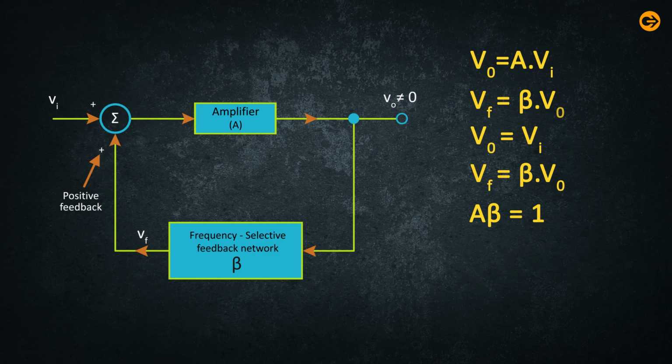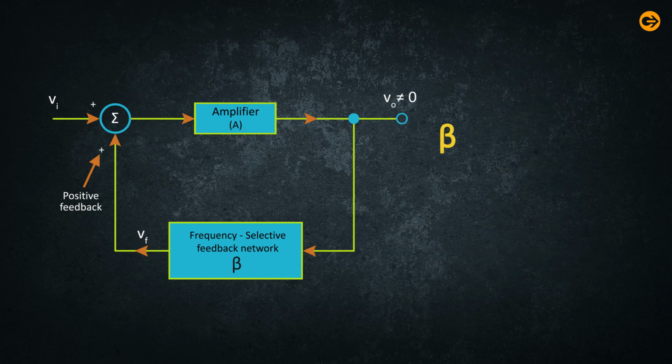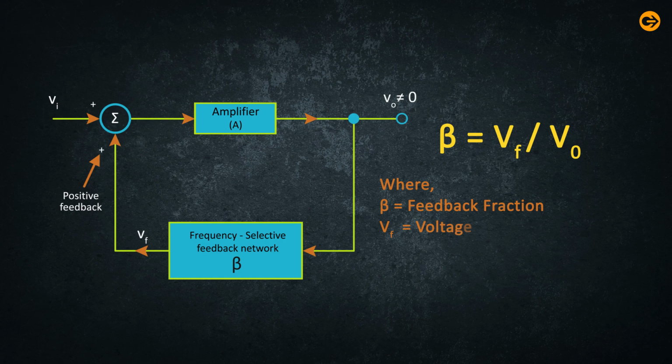This feedback network voltage can be calculated as feedback voltage equals gain multiplied by beta Vi. The transfer gain of a feedback amplifier can be found by using the following equation. Beta equals Vf by V0, where beta is the feedback fraction, Vf is the voltage of the feedback network, and Vi is the voltage of the internal amplifier.